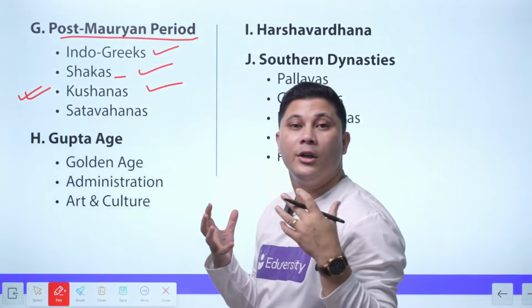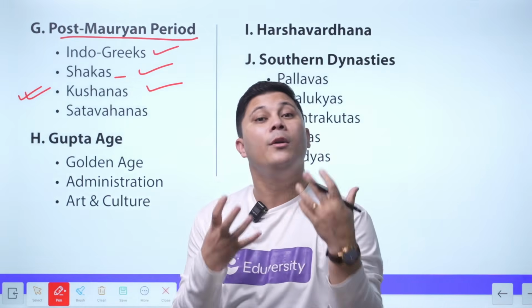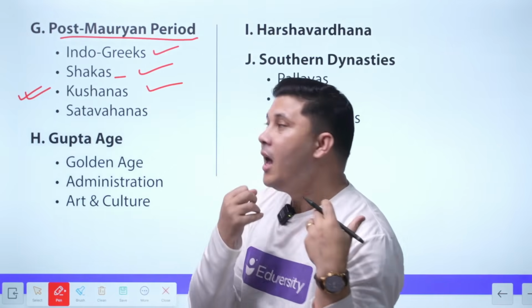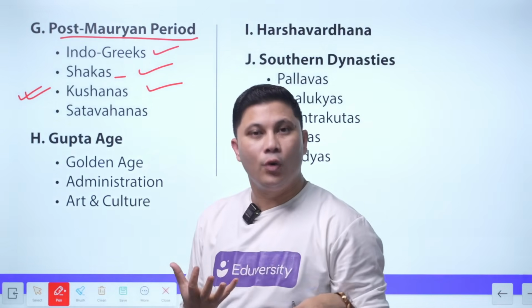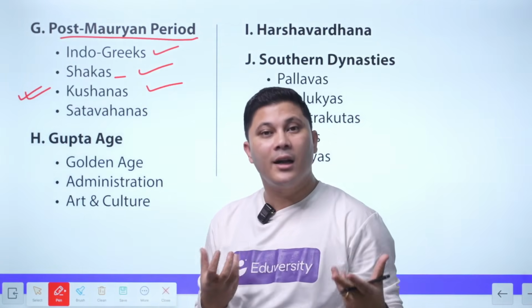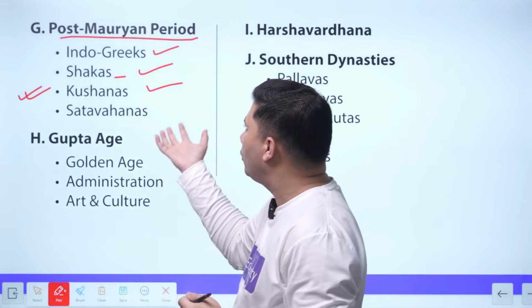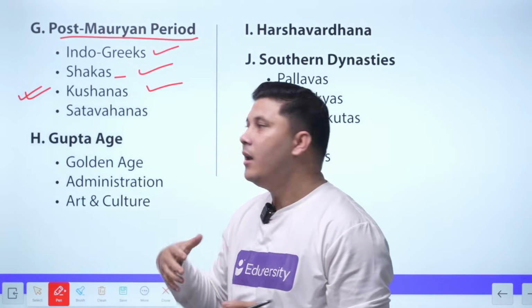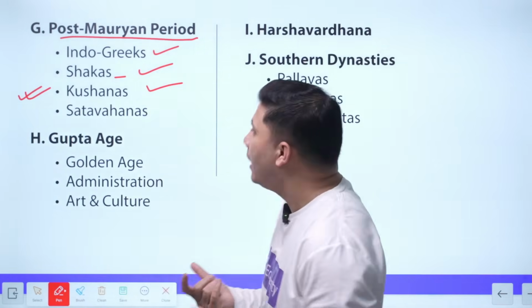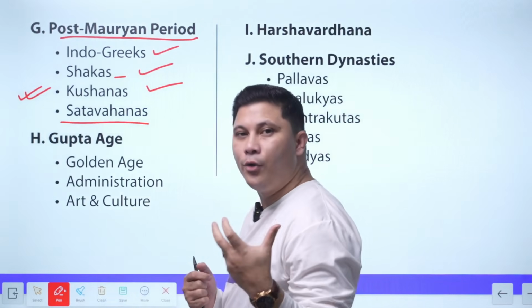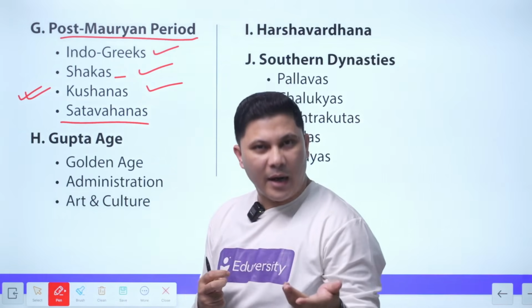The important king will be Kanishka, how he will embrace Buddhism, and how Kanishka will bring the Silk Route to India, how he will establish the Mathura School of Art and the Gandhara School of Art, and how through Kanishka Buddhism will bifurcate into two parts, the birth of Mahayana Buddhism. Then the Satavahana dynasty, how the Satavahana dynasty will be attributed for cave architecture.